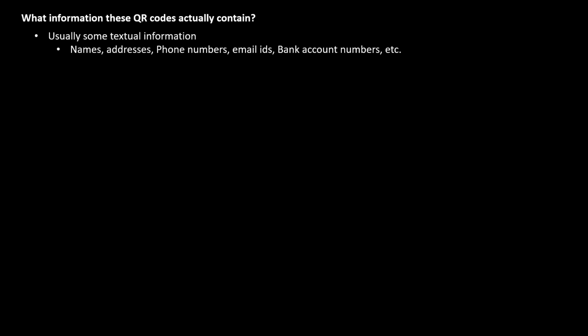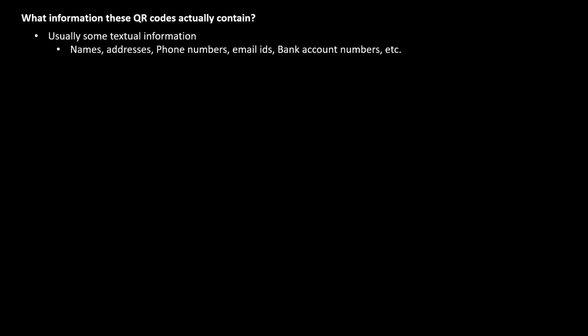So the question comes, what information do these QR codes actually contain? Usually these are not passwords. This information is not any secret information. The information which we want to easily pass on can be incorporated into QR codes.